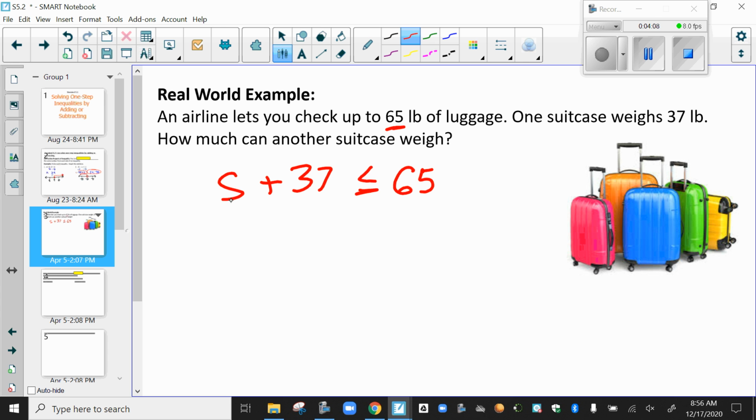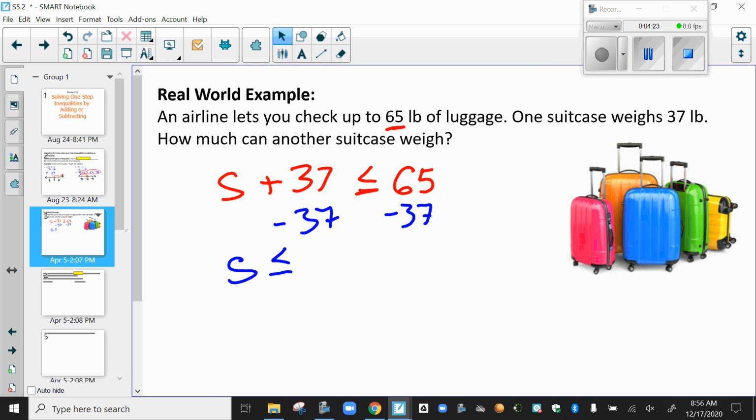All right, so suitcase 1 plus suitcase 2, which is 37 pounds, equals 65. We're going to solve that. So minus 37 and minus 37. Bring down the S, bring down my sign. 65, you know what, I'm going to move those. Move like that, all right. I'm going to bring down my sign. 65, take away 37, gives me 28.